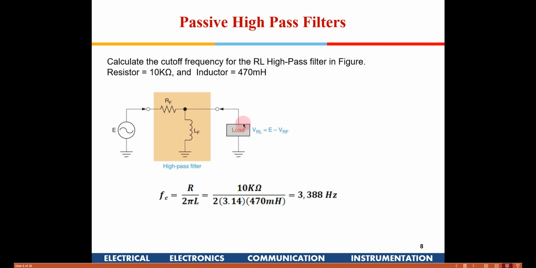In this case, since the load is not specified, we will assume it is a high impedance load, and then we can use R divided by L. Omega C is equal to R divided by L. If you have to compute FC, then we put a 2 pi factor also in the denominator, so you get 3.338 hertz. Okay, so that is how we compute the cutoff frequency or the resonant frequency.